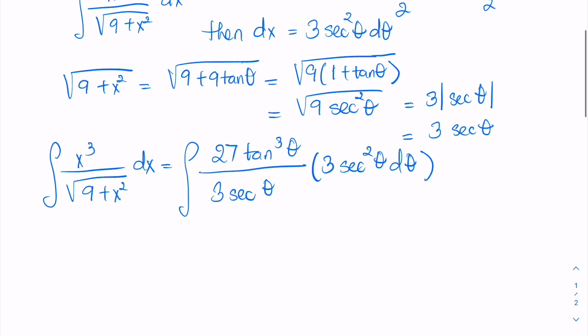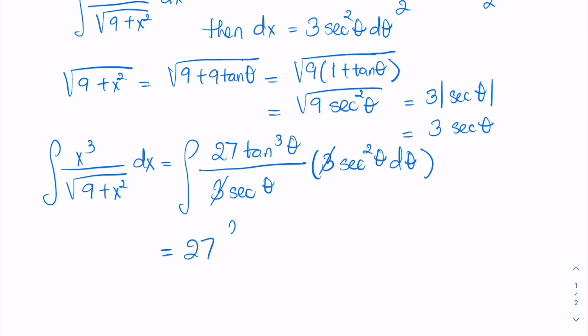Let's simplify it. So we end up with 27. Don't forget that I have 3 here and 3 here, so that just cancels out. Let's take the 27 out. So we have what inside, and then we cancel out 1 secant.